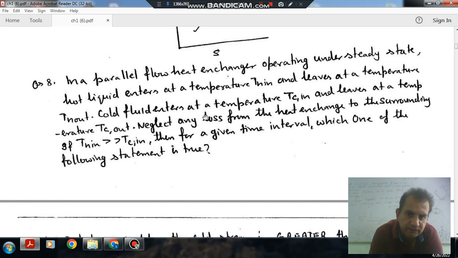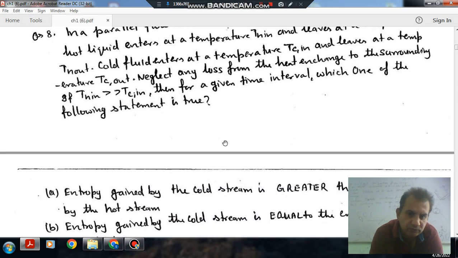Cold fluid enters at a temperature Tc in and leaves at a temperature Tc out. Neglect any loss from the heat exchanger to the surroundings. If Th in is very large as compared to Tc in, then for a given time interval, which one of the following is true?